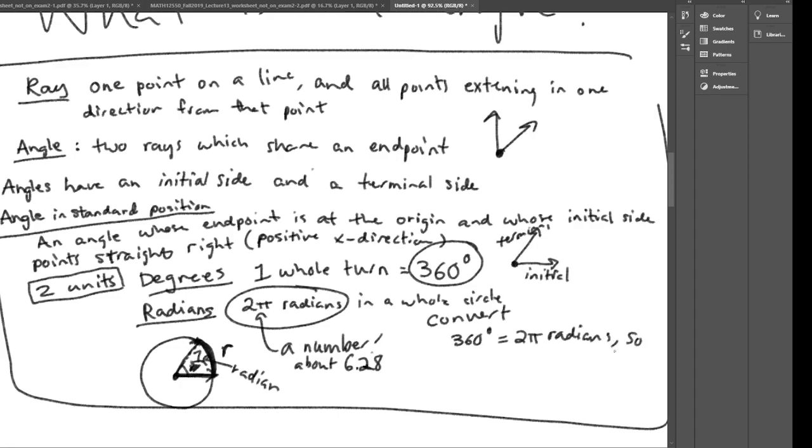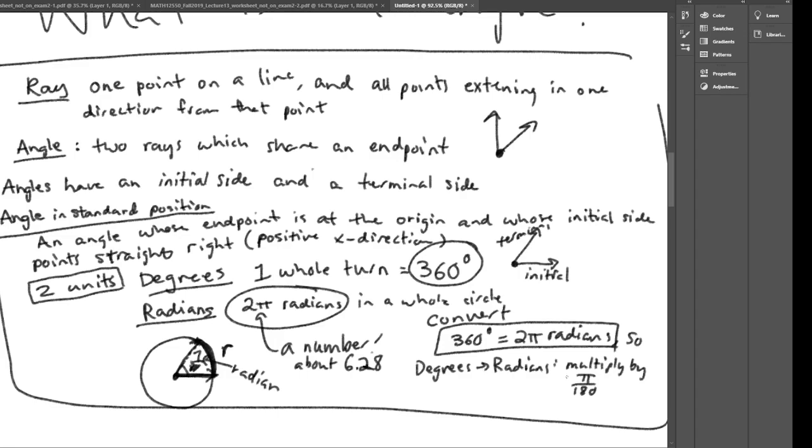So if you have some number of degrees and you want to convert them to radians, you have to multiply your degrees by the number pi over 180.